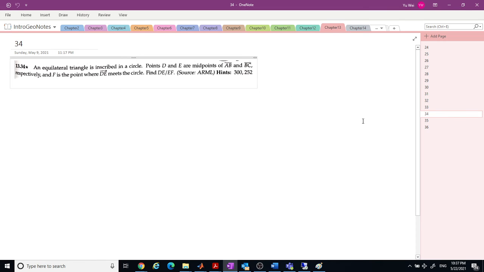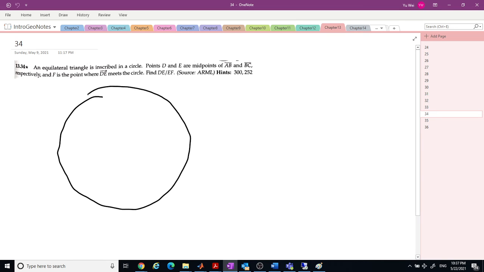Next. So the equilateral triangle is inscribed in the circle. So here the circle, because it's equilateral, this one must be the circumcenter.